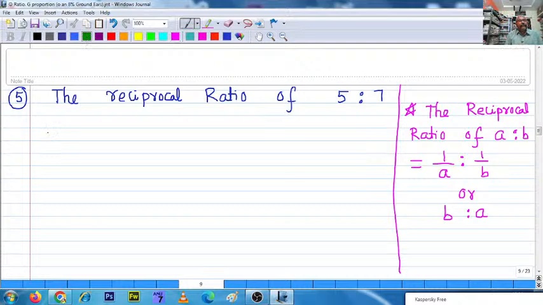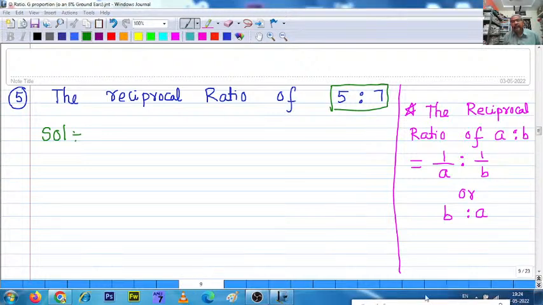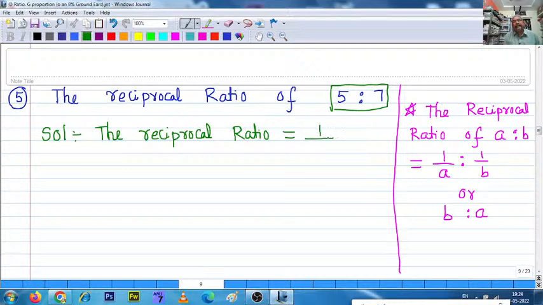So my dear students, now let us write. What is our answer for this one? The reciprocal ratio of 5:7. Are you able to find out? See, the reciprocal ratio of 5:7 is 1 upon 5 is to 1 upon 7. Find the LCM of 5 and 7.